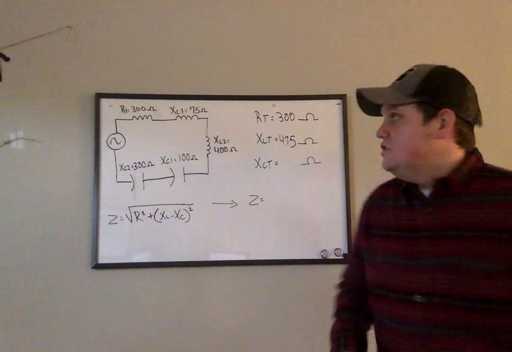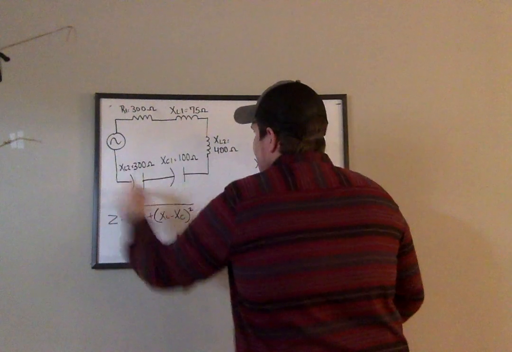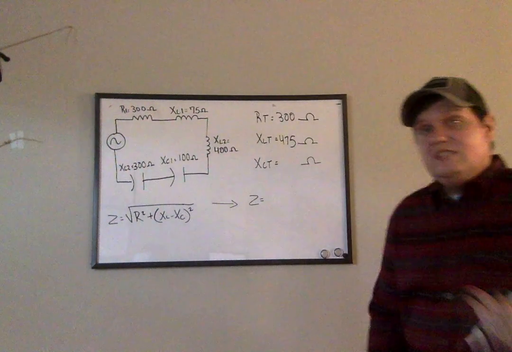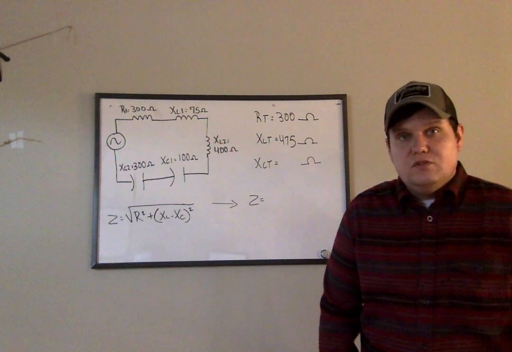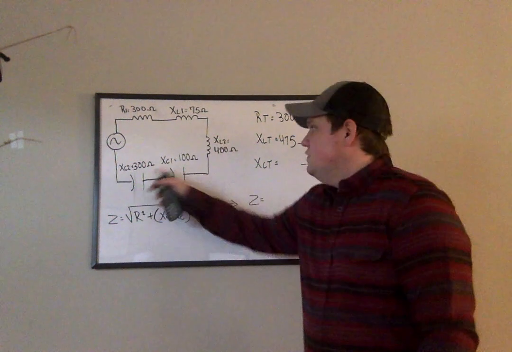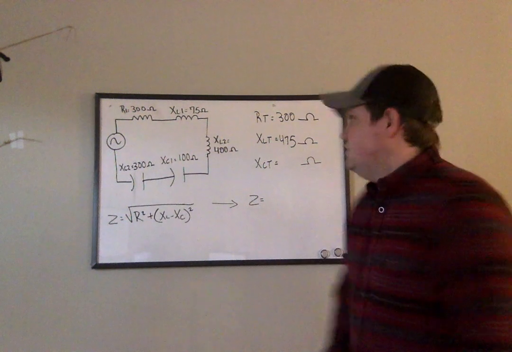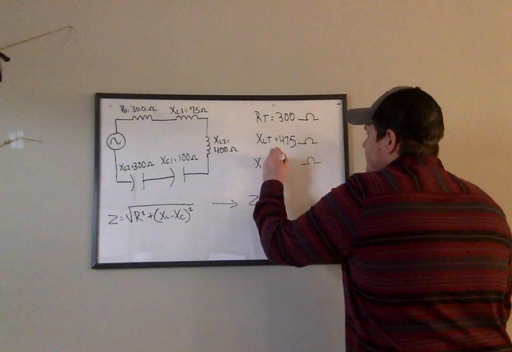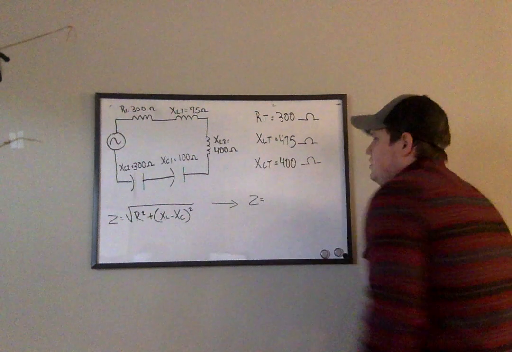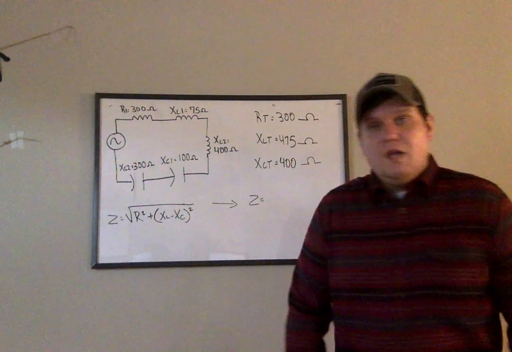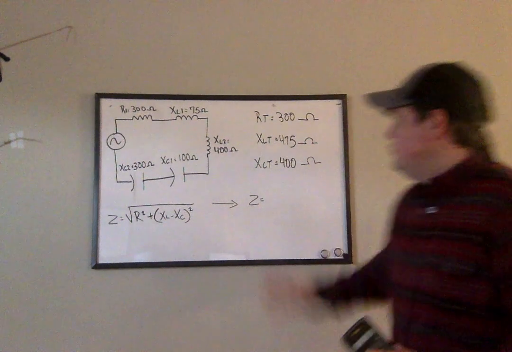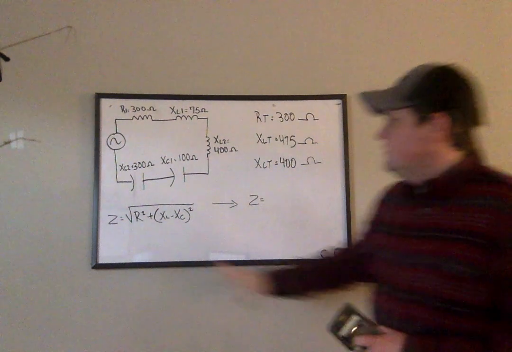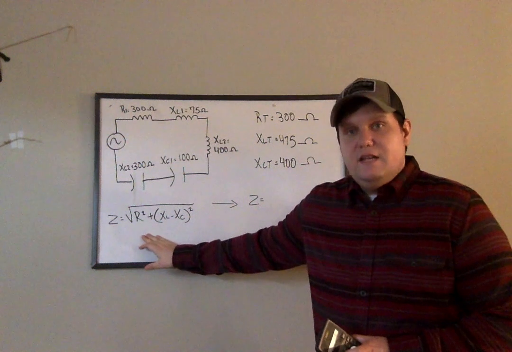And now I just do that with the XCs. I have two XCs. One's 100 ohms and one is 300 ohms. So 100 ohms and 300 ohms in series with each other is 400 ohms. Okay? So now all I have to do is plug these numbers into this formula here.